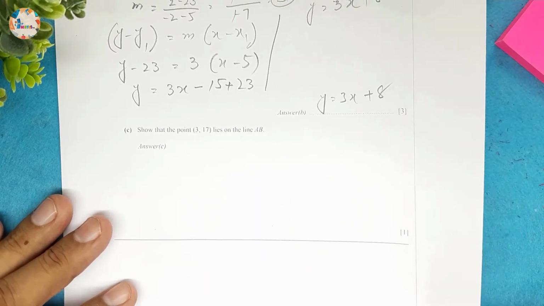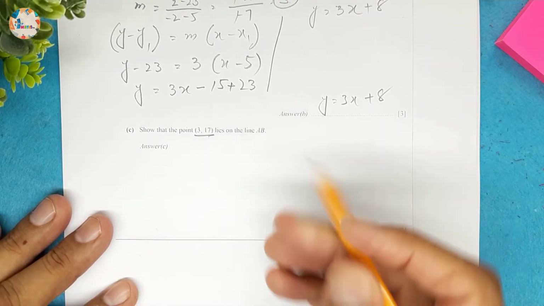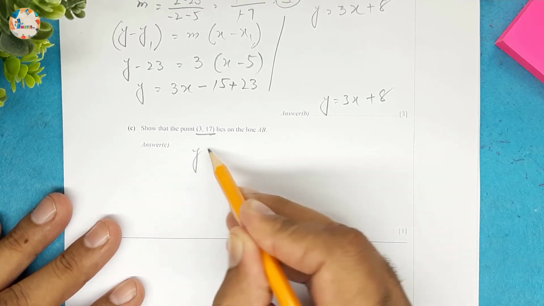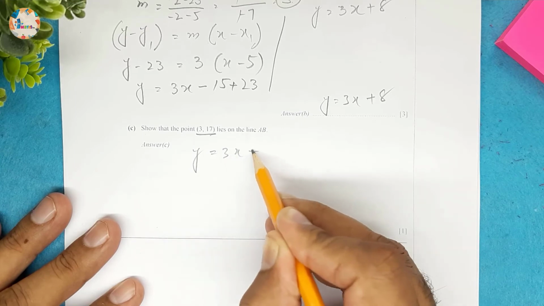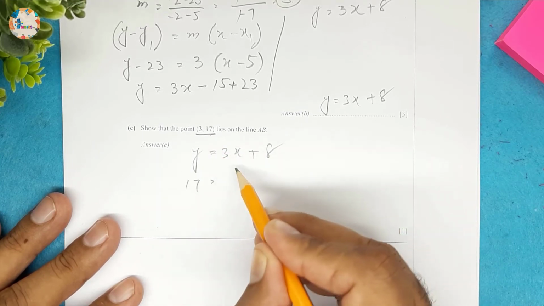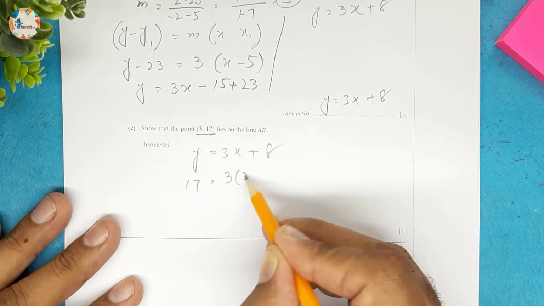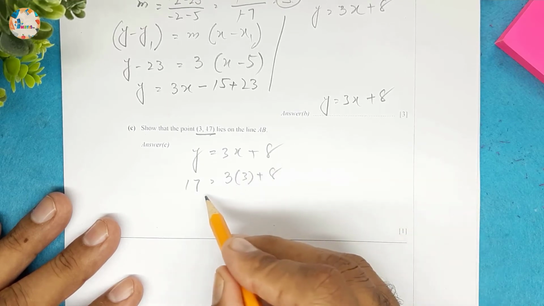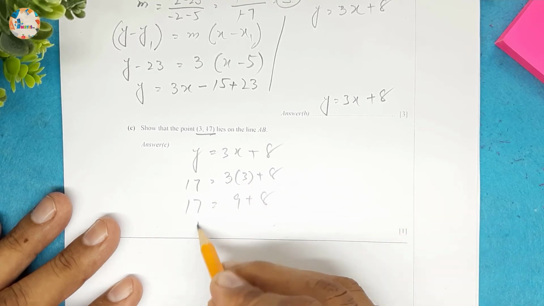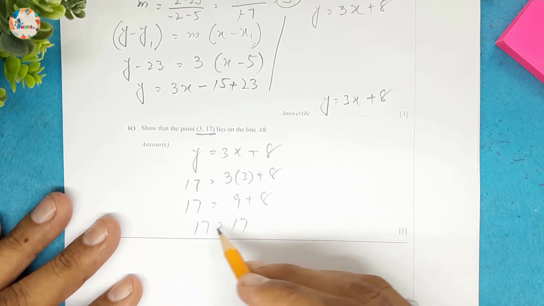Part c, show that the point, this one, lies on the line AB. So line AB is this one, 3x plus 8. If we replace this value, 17 is equal to 3 into 3 plus 8. So this side is 17, this side will be 9 plus 8. So 17 is equal to 17.